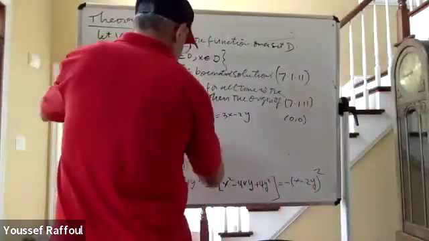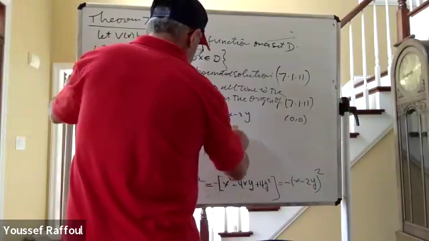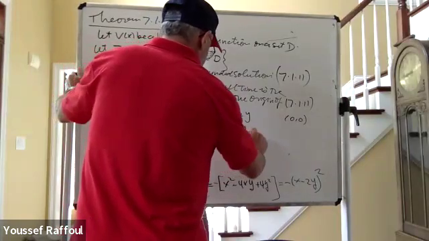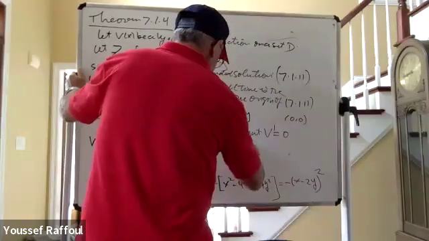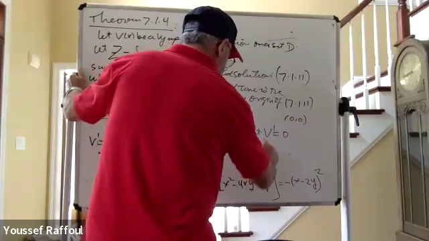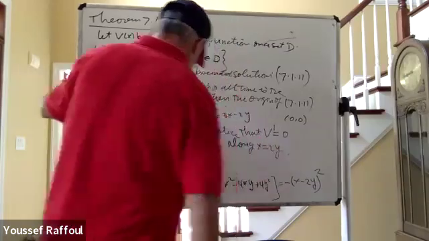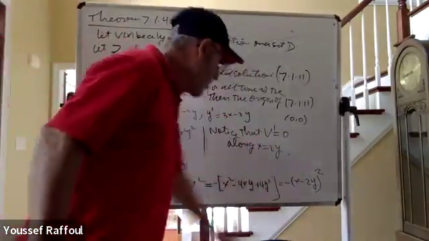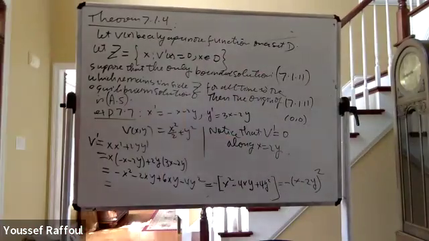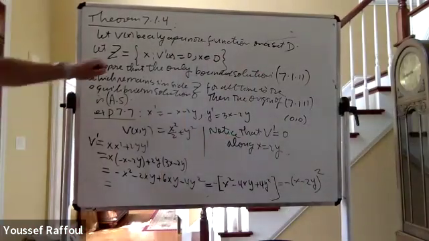So notice that V prime equals 0 along x equal to y. Take a look here. V prime equal to that. So V prime is equal to 0 along x equal to y. Look at it.